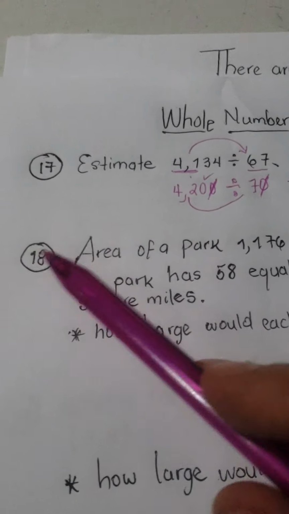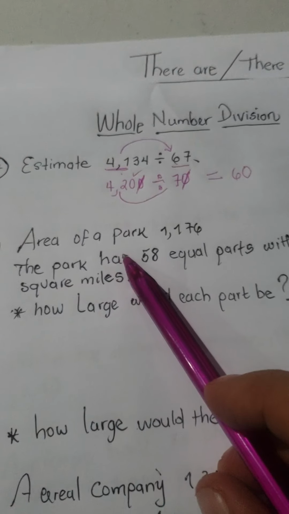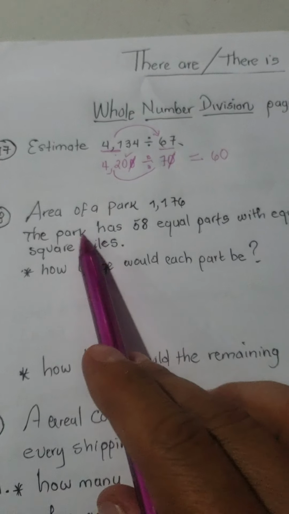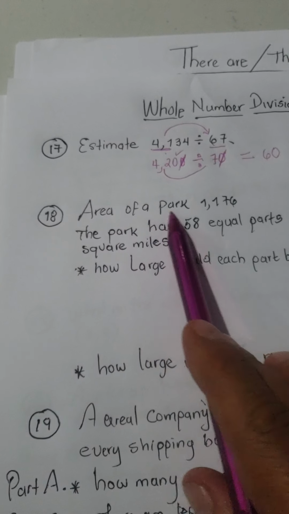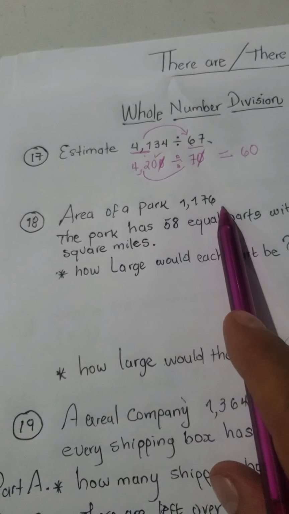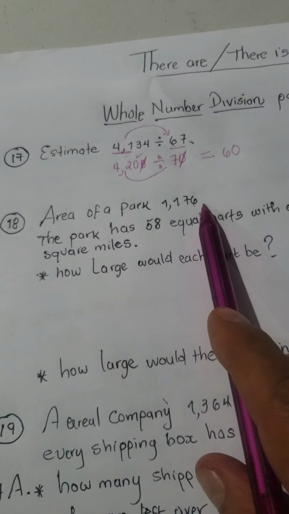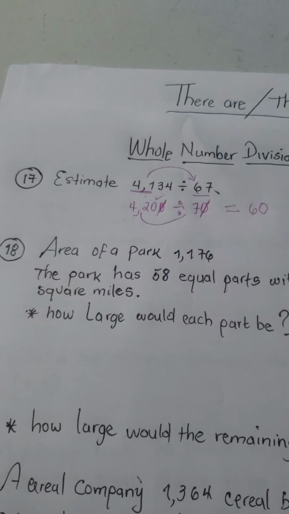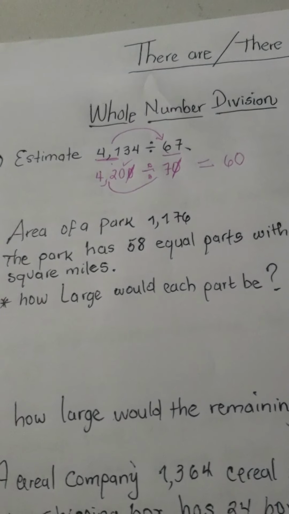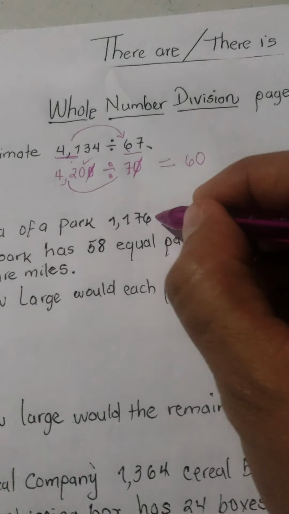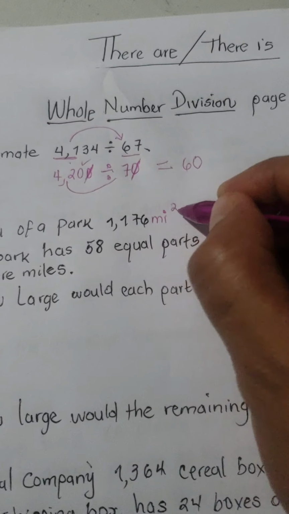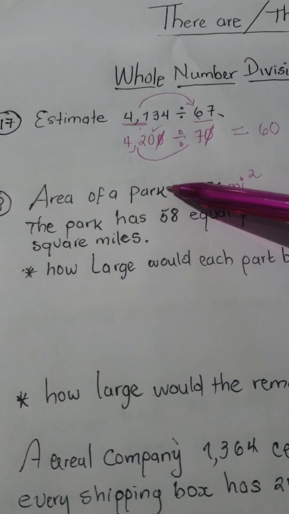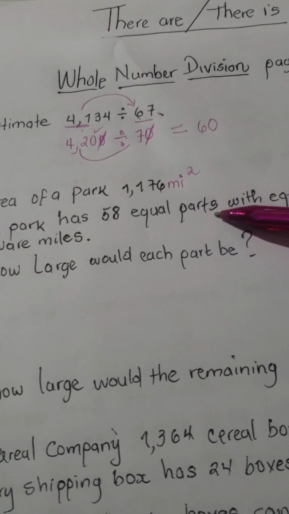Now let's move on to the 18. This is a long process division. It talks about an area of a park. The total area of the park is 1,176 square miles. But the park has 58 equal parts.